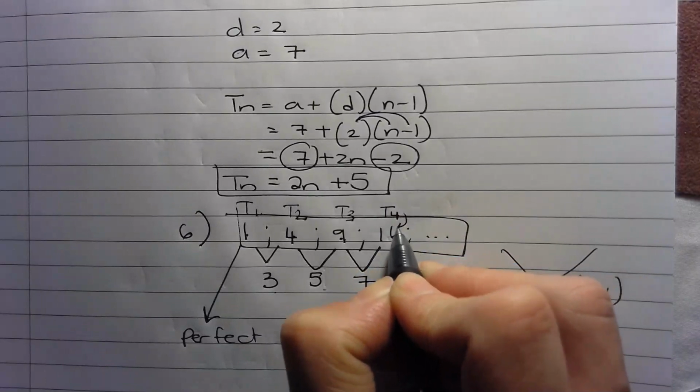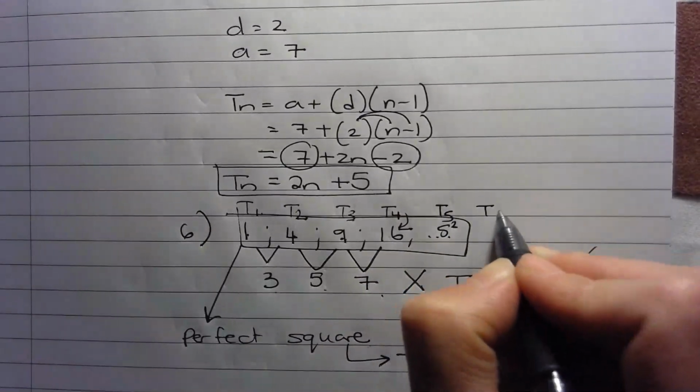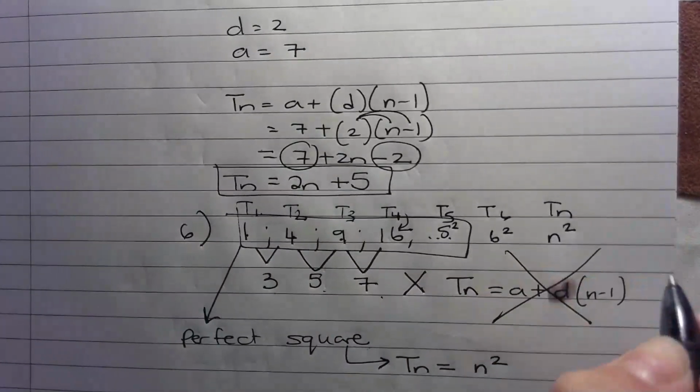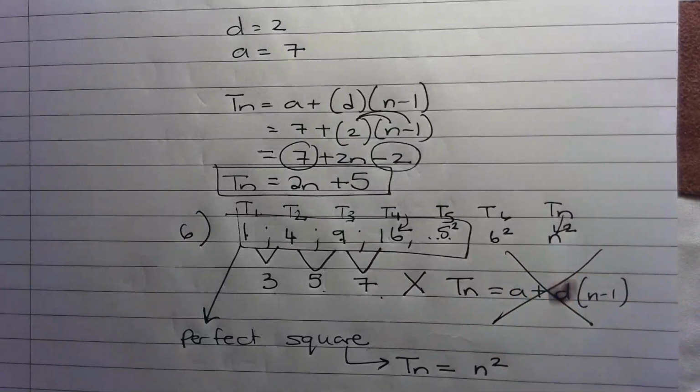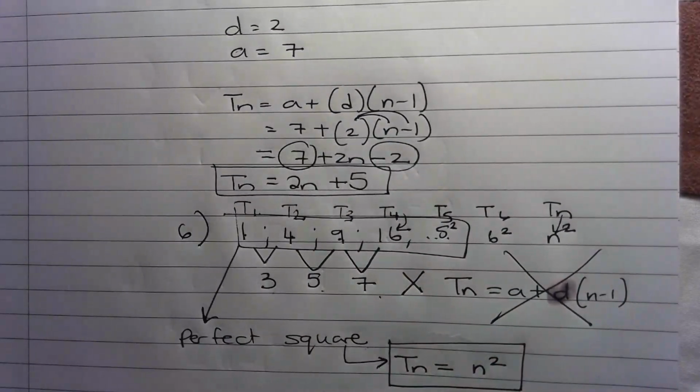T4 is 4 squared, T5 is 5 squared, T6 would be 6 squared. So we're saying Tn will be n squared. Any number I put in any position is going to give me the value of the perfect square. So it's one that you can learn off by heart.